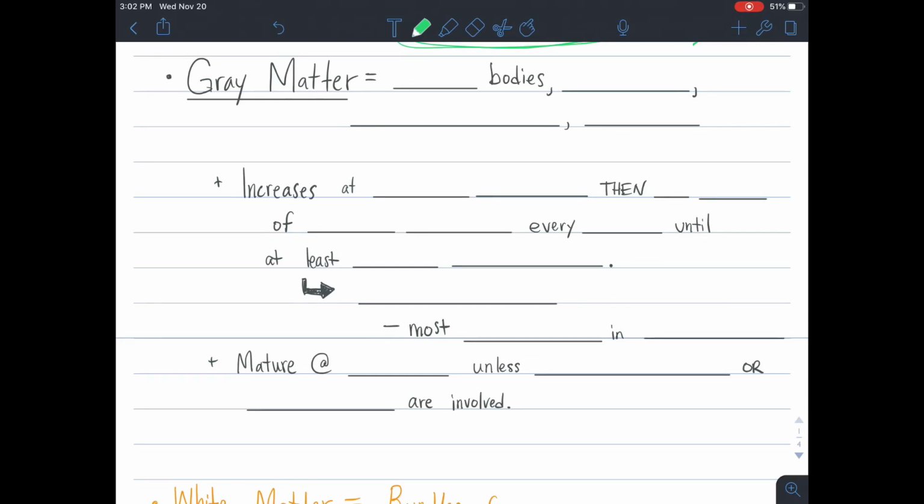Like I said, the gray matter is basically the cell bodies, which is essentially the soma. It also includes the dendrite area of the neuron, so it includes all of our dendrites. It also includes our axon terminals, because that's where the axon ends, at the far right side.